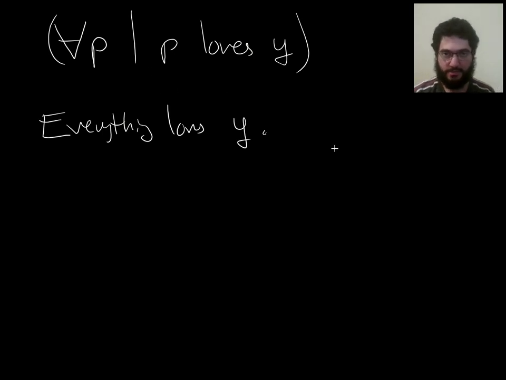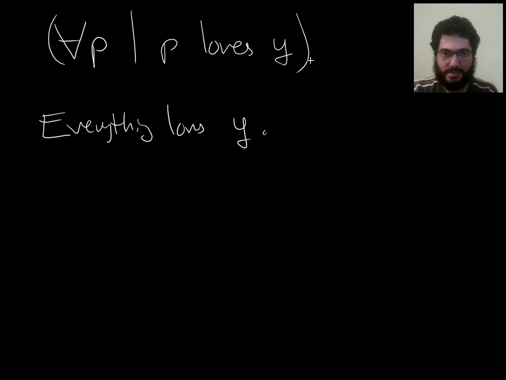A variable is bound when it's only sort of serving as a dummy variable in the expression, and replacing it wouldn't change the meaning. Replacing it in every instance by another variable wouldn't change the meaning. So the opposite term to bound would be free.